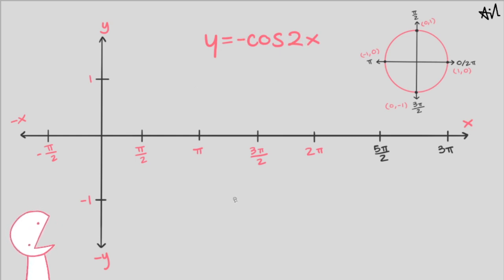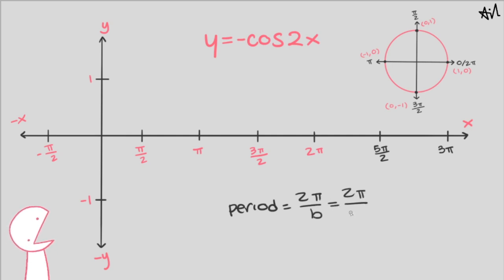So let's figure out the period. Period is 2 pi over b, which is 2 pi over 2, since b is 2. The 2s cancel out, causing the period to just be pi.